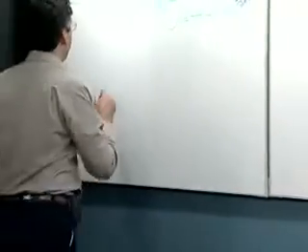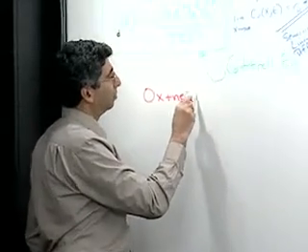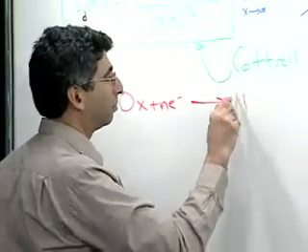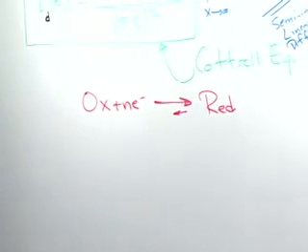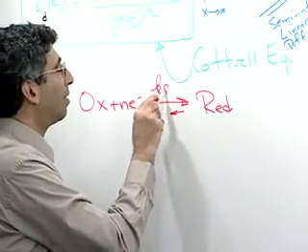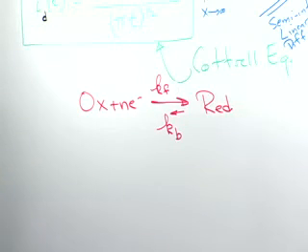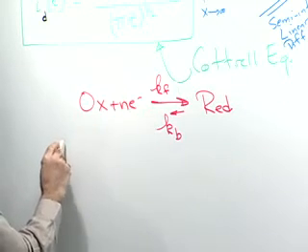And I'll make a slight change in my chemical reaction, and that is the size of the arrow. So I no longer have the reversible case, but I'm assuming there is some difference in the kinetics. I happen to have drawn this as k forward being larger than k back, but it could be different. Okay, but now that comes into play. So how's that going to affect our situation?